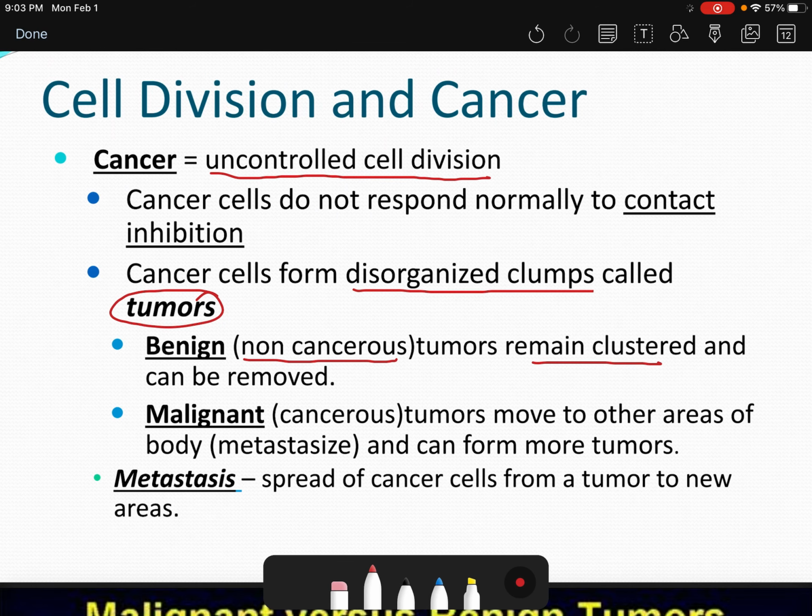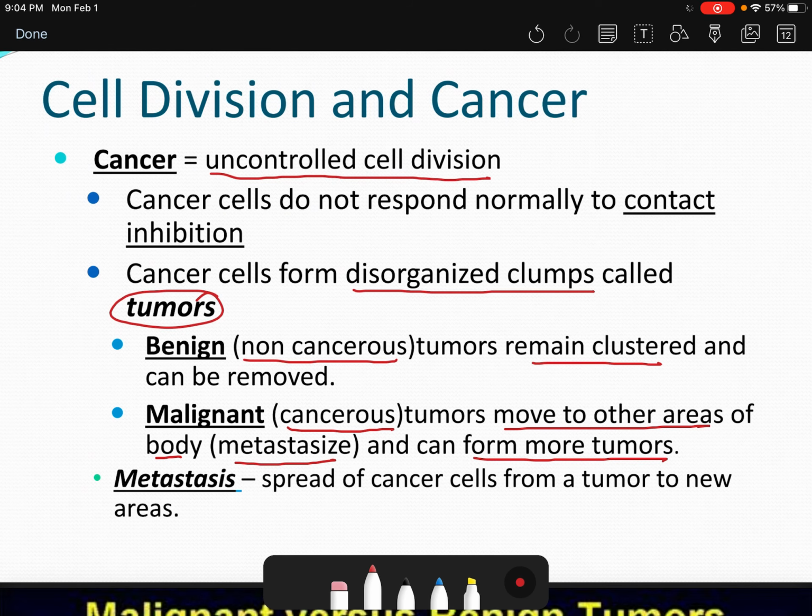Those remain clustered and usually stay in one spot, and they can be removed, usually if they cut it out or things like that. Malignant is the cancerous tumor. They move to other areas of the body. We say that they metastasize, and they can form more tumors in other areas of the body. So that's the dangerous one that we have to look out for, the malignant tumors.